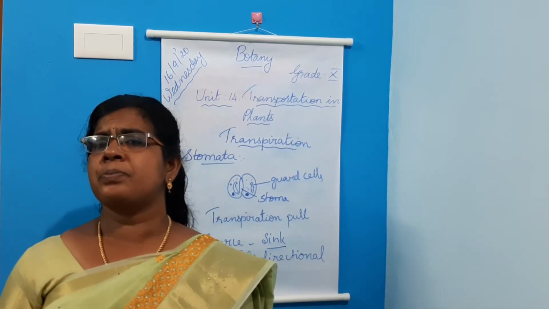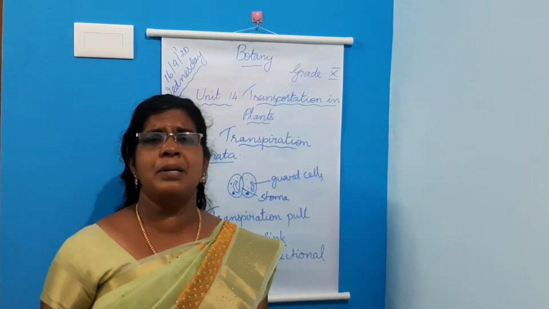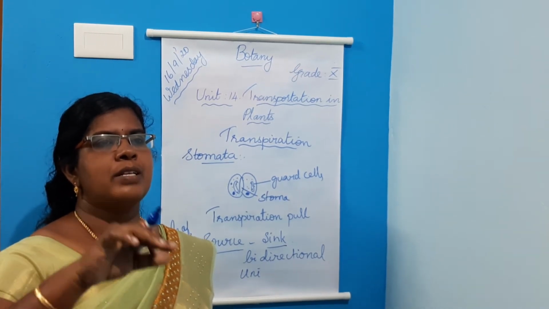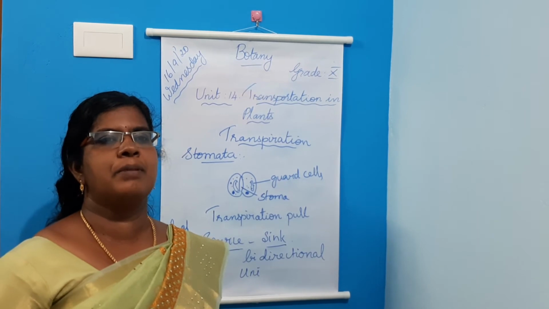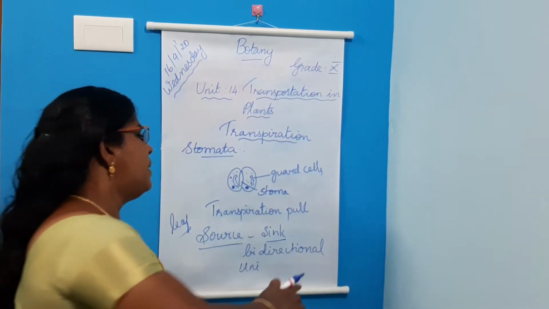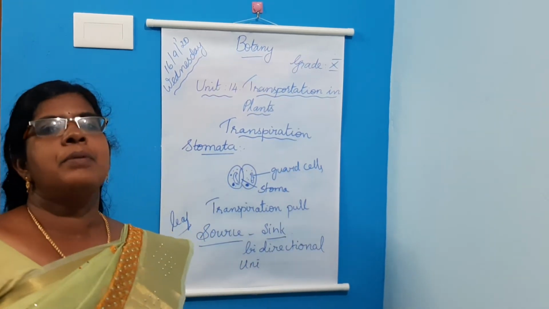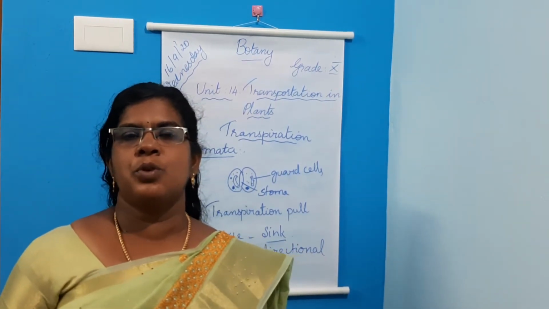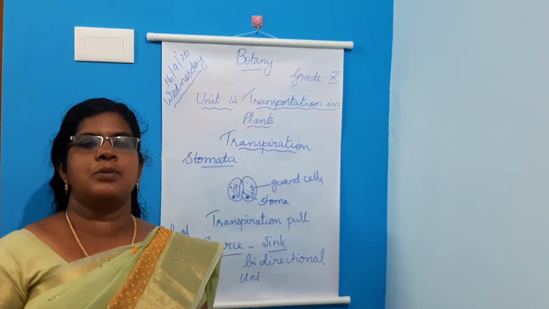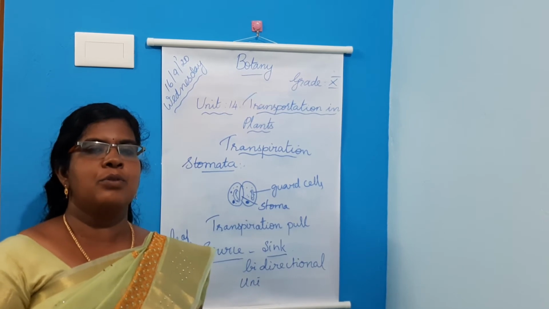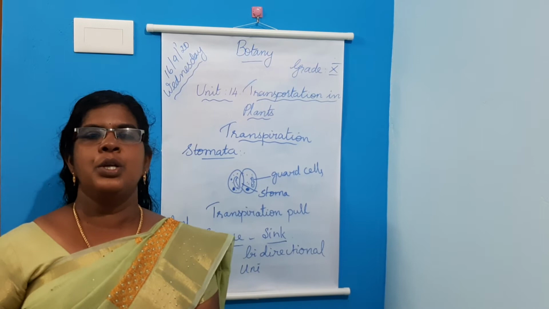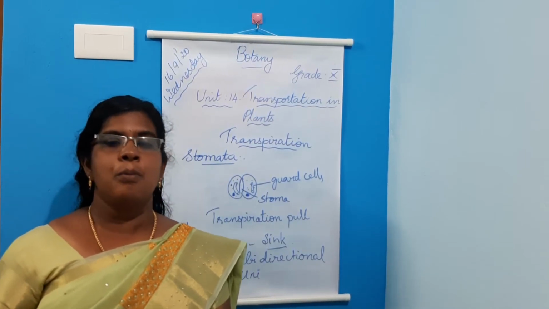The movement of food material through phloem is bidirectional because leaves prepare the food, and it has to be translocated to each and every part of the plant body through upward and downward directions. But in xylem, the root absorbs water and it has to transport it to the aerial parts of the plant body through the xylem elements. So the movement of water in xylem is unidirectional, or upward.